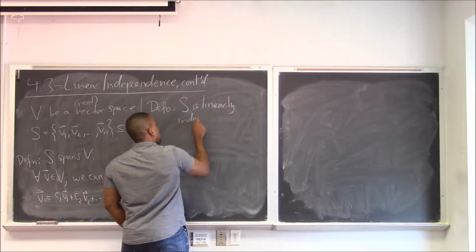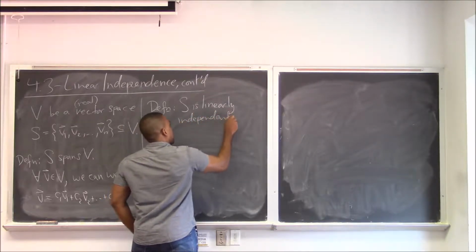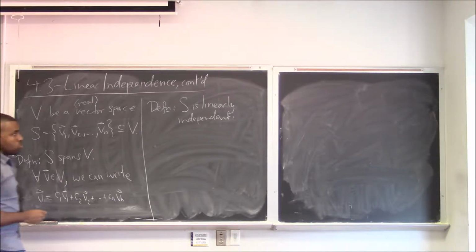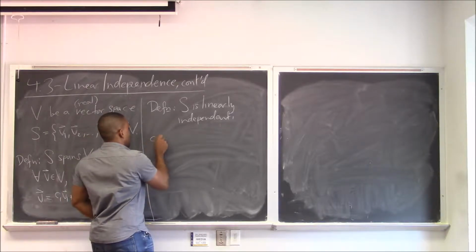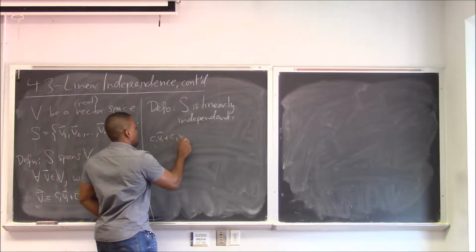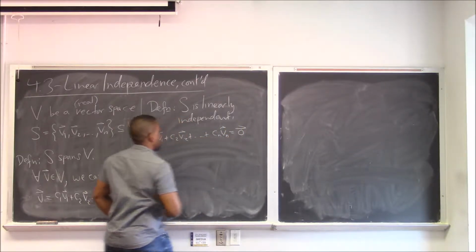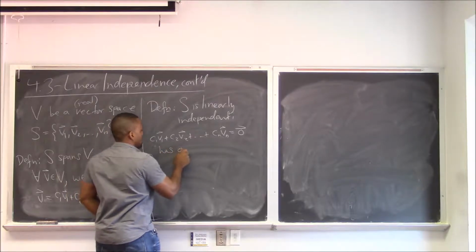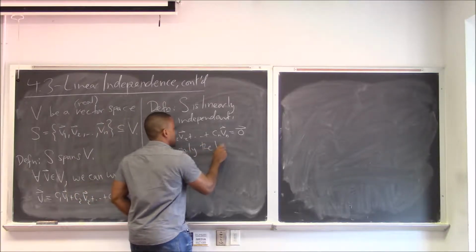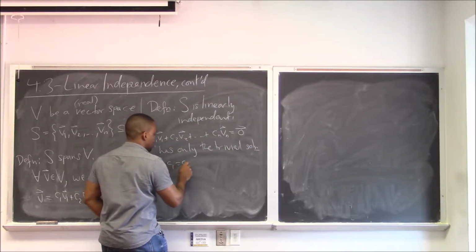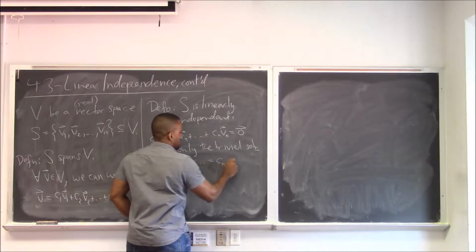What would it mean to say that S is linearly independent? An equation of the form c1 v1 plus c2 v2 all the way up to cn vn equals the zero vector only has the trivial solution. c1, c2, all of these must be equal to 0.